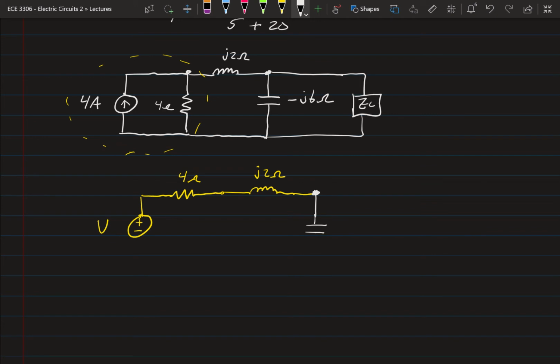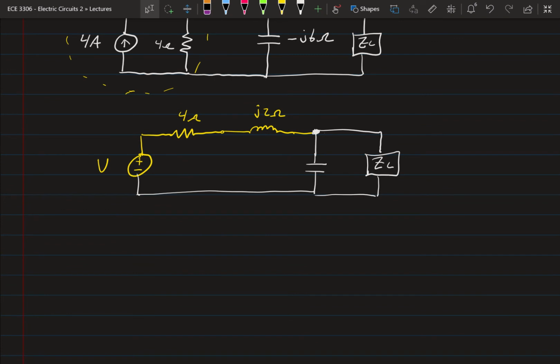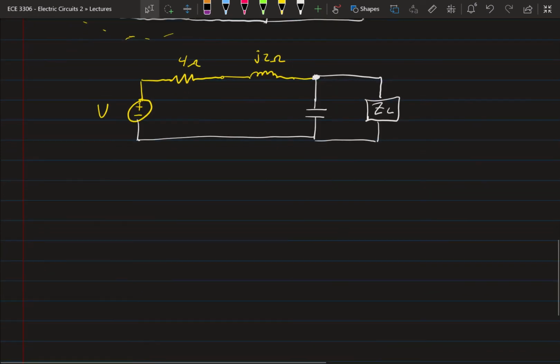And that's going to be connected to our capacitor, connected to our load impedance. And there we go.